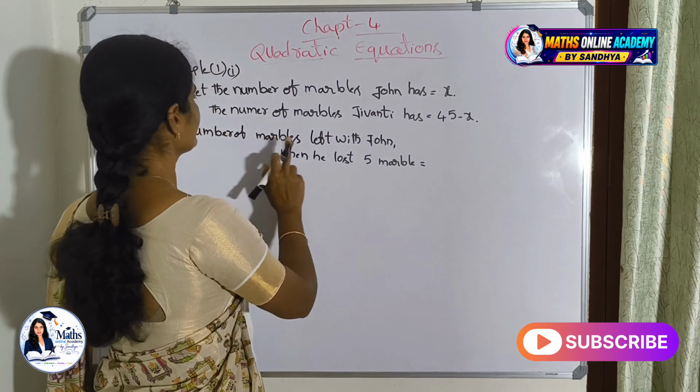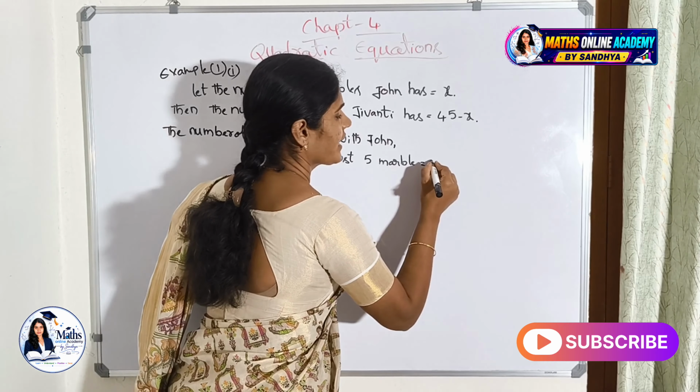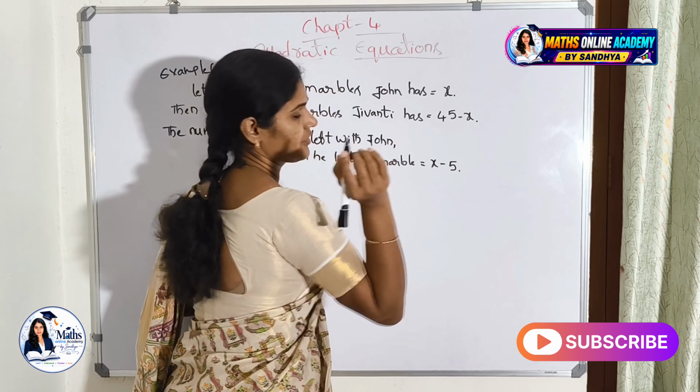So what does he get, John? Total is x. 5 marbles lost means x minus 5.